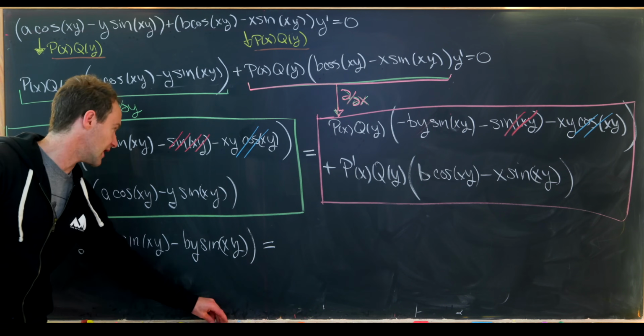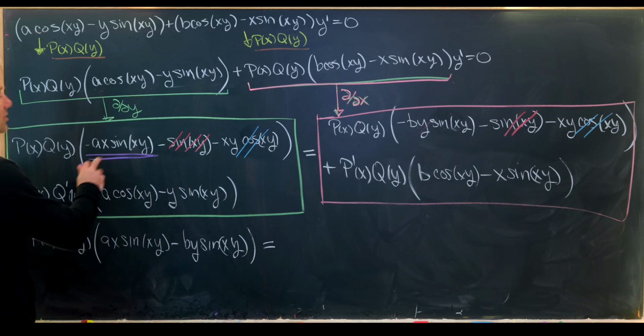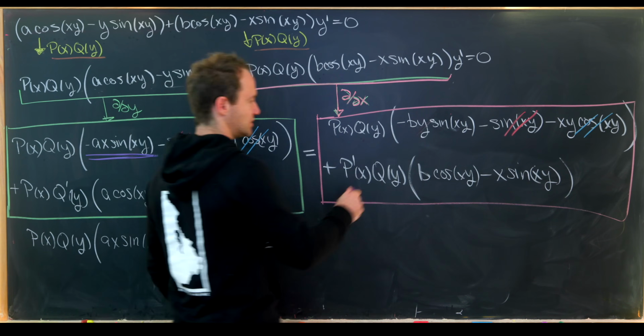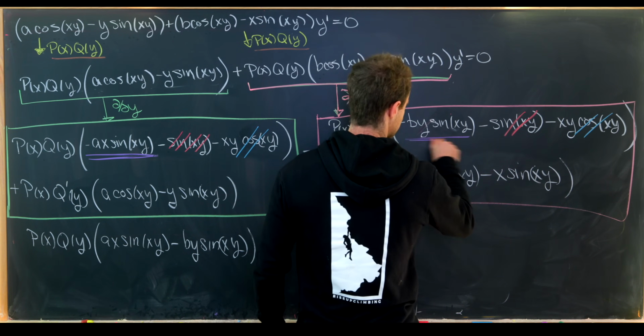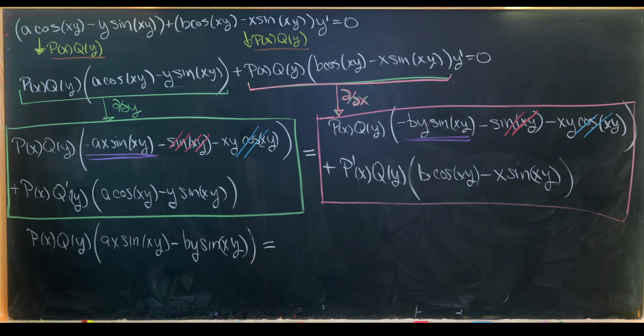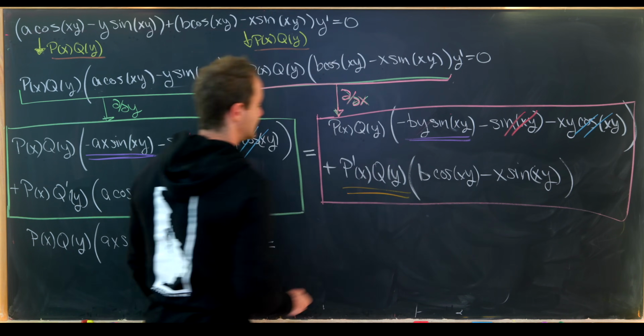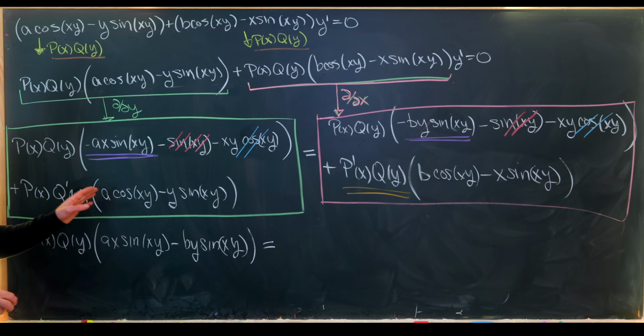So just to reiterate, that comes from taking this term right here, moving it to the other side of the equation, so the minus turns into a plus, and combining it with this term right here. Okay, nice. But then after that, we'll have to move everything connected to this p prime q to the other side of the equation.